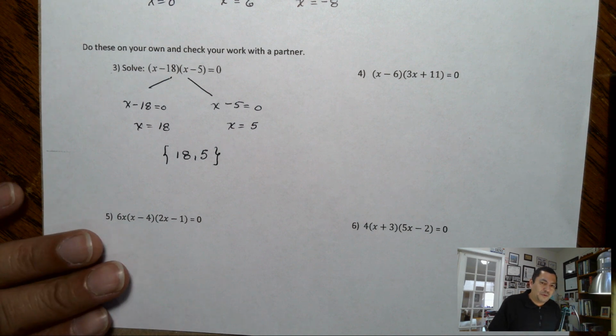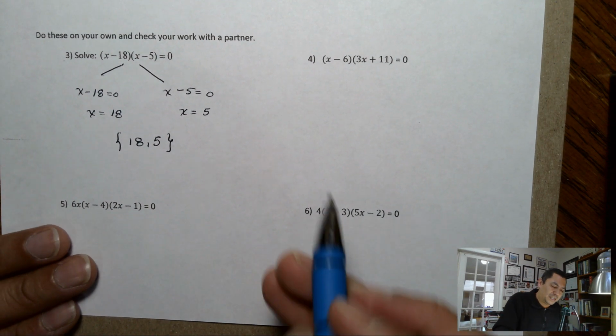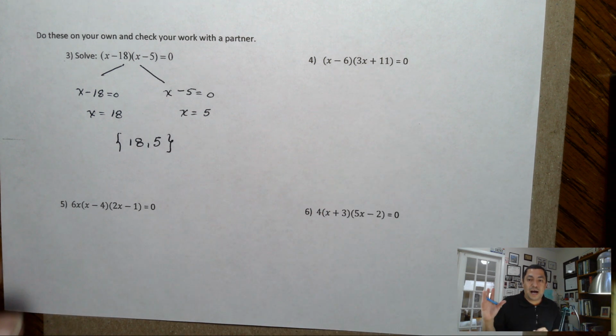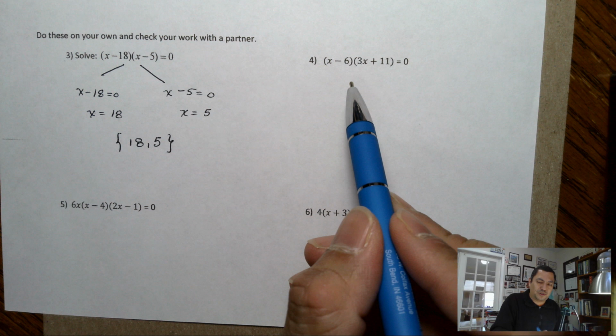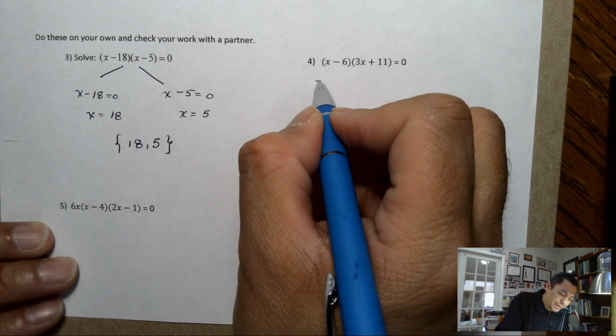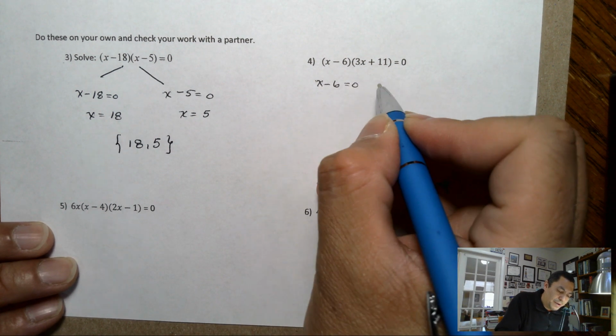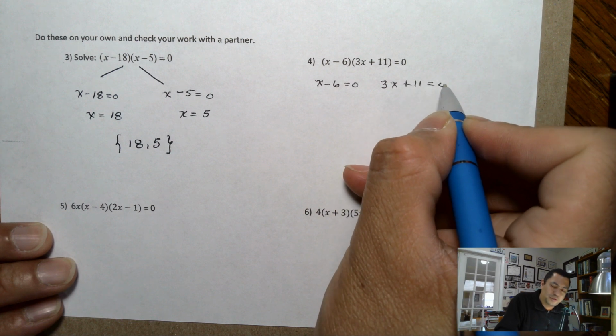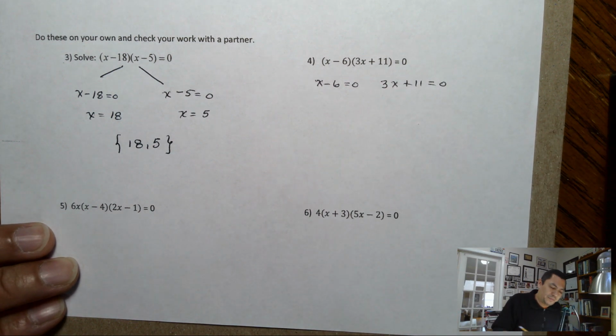The next example is x minus 6 times 3x plus 11 equals 0. As we can see, this is already factored, so we're doing this one first because it's the easiest case. So I have x minus 6 equals 0 or 3x plus 11 equals 0.